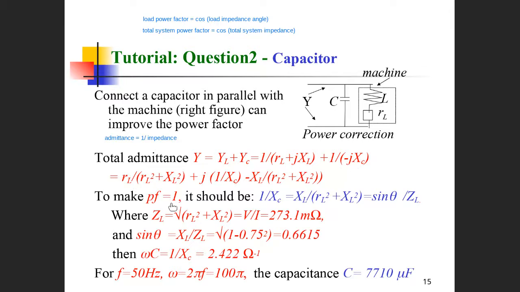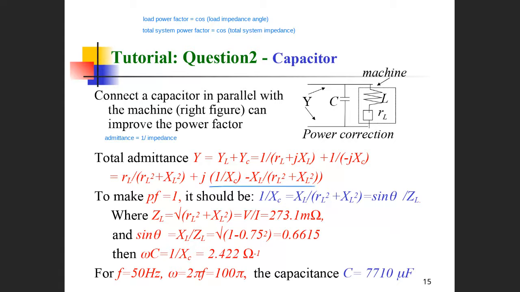To make the power factor 1, we make the reactive power part zero. So the imaginary part is zero and only the real part remains.